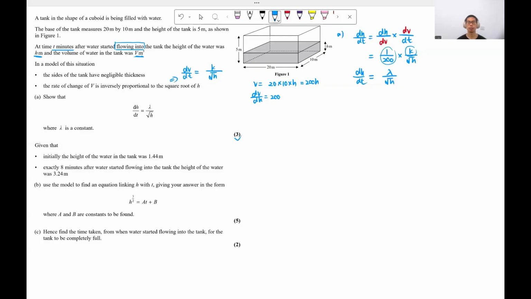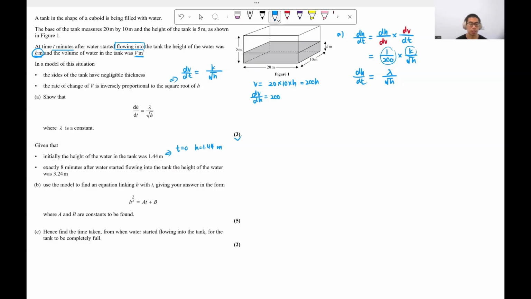That's part A. For part B, given that initially the height of the water in the tank was 1.44 meters, we know when t equals 0, h equals 1.44.